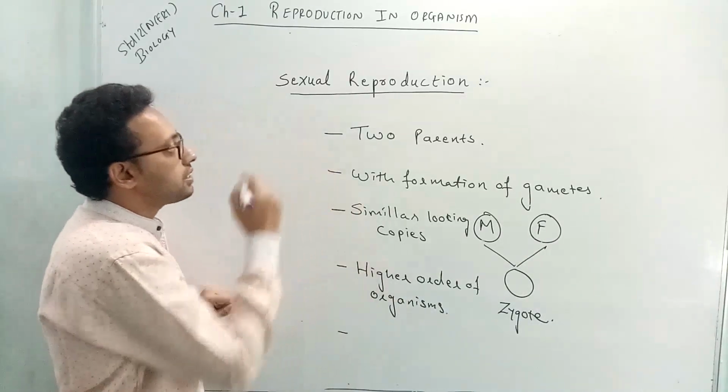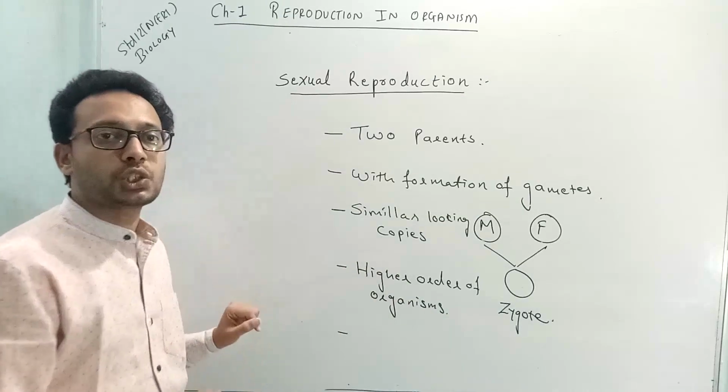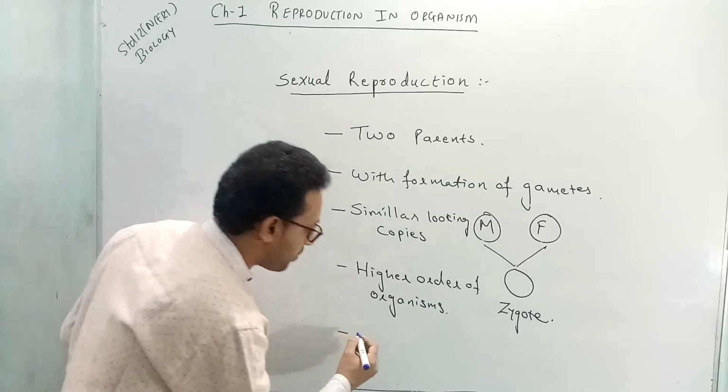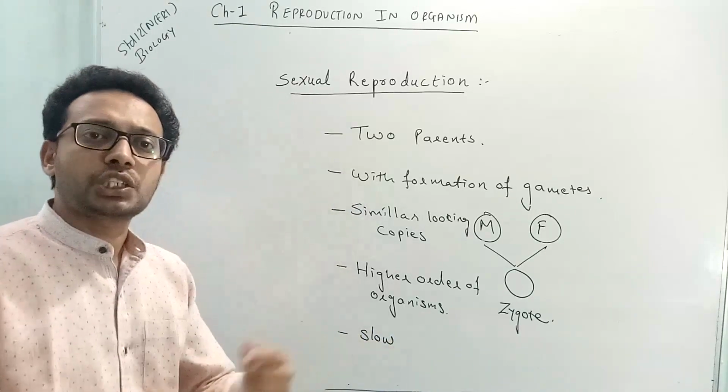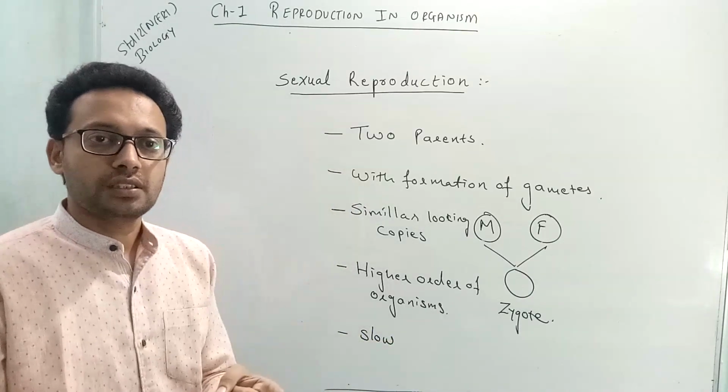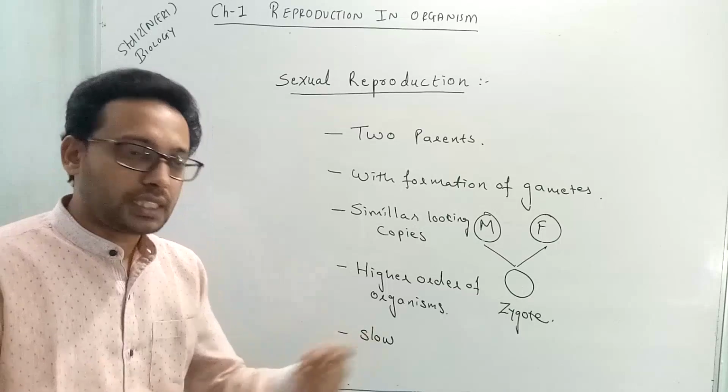Now, what is another characteristic it has? When you compare sexual reproduction with asexual reproduction, sexual reproduction is a slow process, whereas asexual reproduction is very fast. Sexual reproduction requires time.